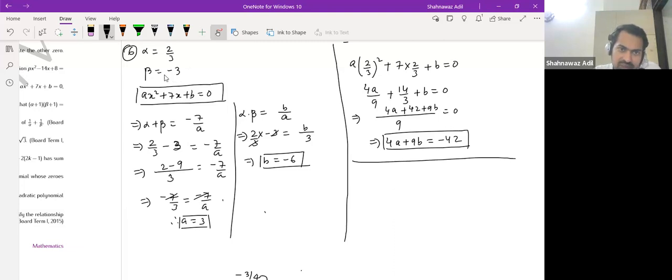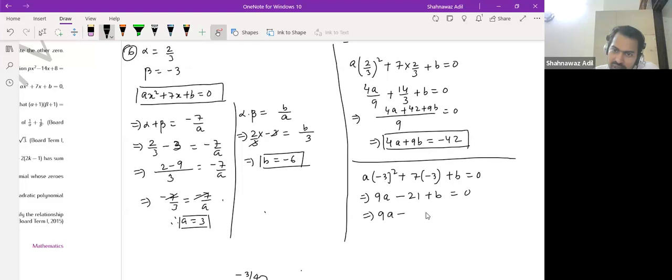If I put minus 3, this is a times minus 3 squared plus 7 times minus 3 plus b equals 0. So this is 9a minus 21 plus b equals 0. So this is 9a plus b equals 21.